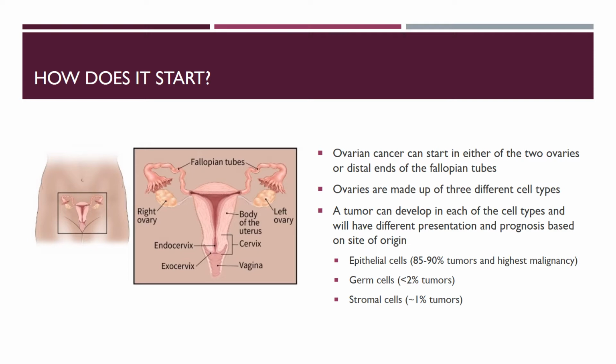And then we have stromal cells, and those make up around 1% of tumors. The germ cells stem from the cells that produce eggs, and then the stromal cells stem from the structural tissue that hold ovaries together, and they also produce estrogen and progesterone.